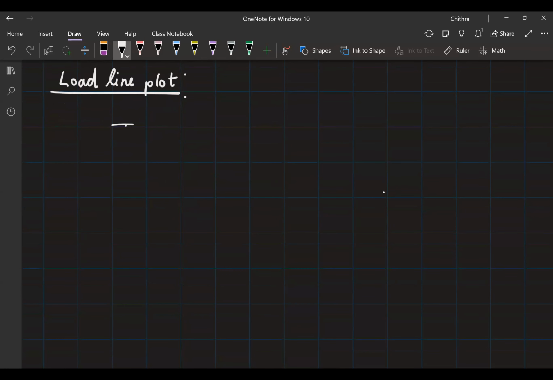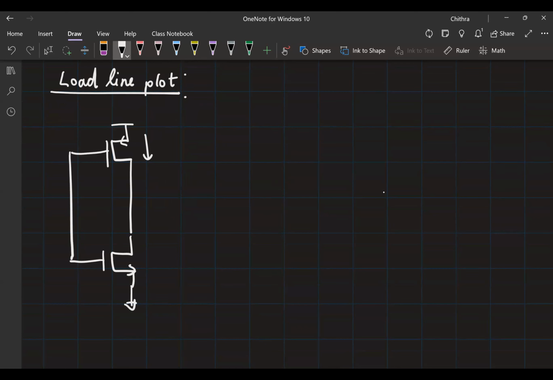So you have an inverter like this. So what we'll do now is we are going to plot the I0 versus V0 for both the PMOS as well as the NMOS. So let's start with the NMOS.